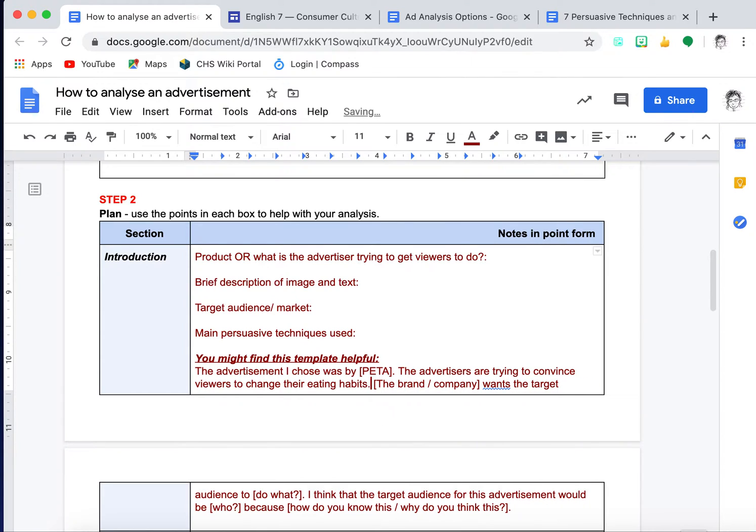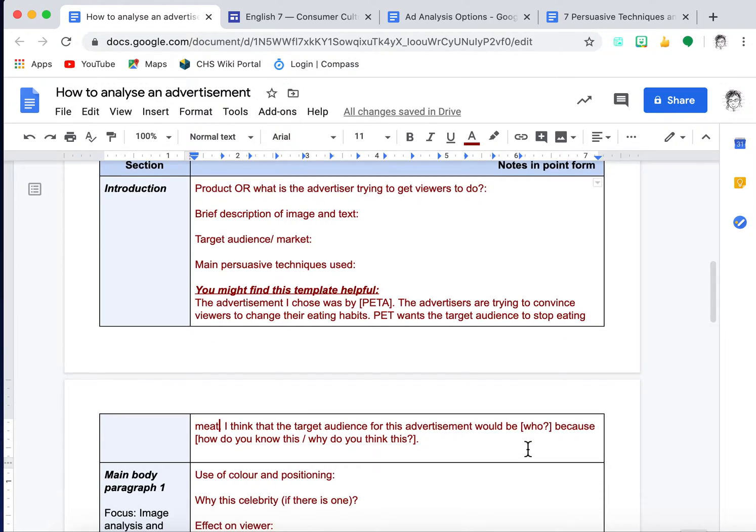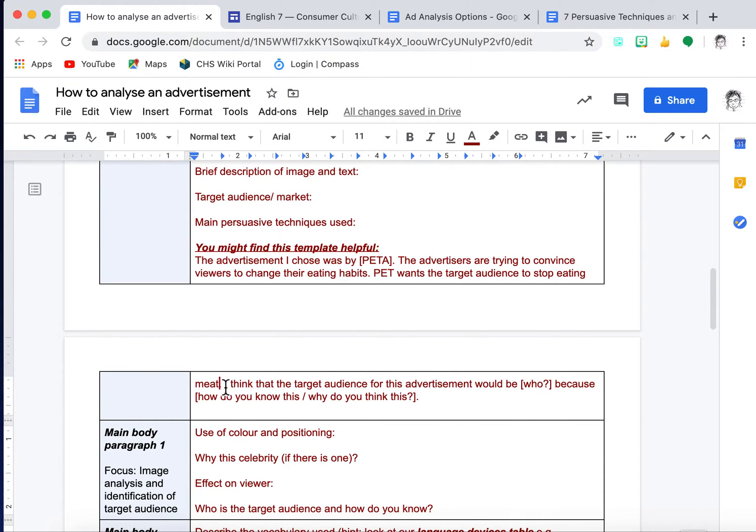Okay. And again, we know PETA wants the target audience to, and we can expand on what we've said here. We've already flagged changing of eating habits, but we know they want the audience to stop eating meat, or you could say eliminate meat from their diet, however you choose to word that.